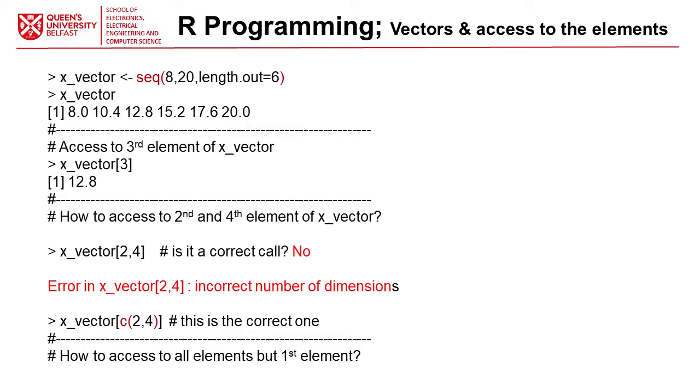Now the question is how to access all elements but the first element. Let's say we have six elements in this vector. We're going to access all of them from 2 to 6, but not 1.